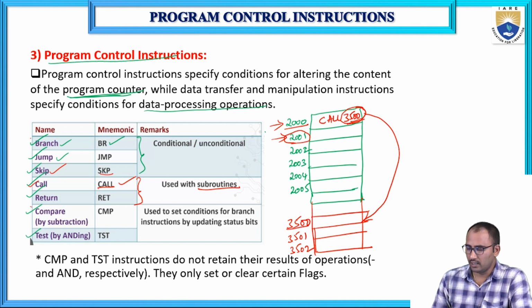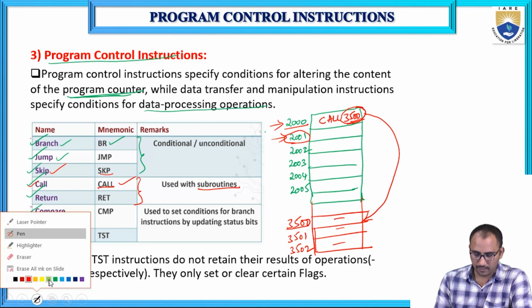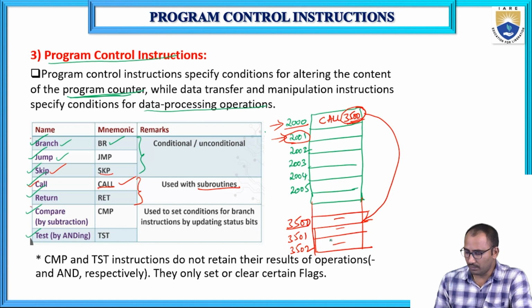Subroutine means a set of instructions that are to be executed frequently. We store them somewhere in the memory, and we call them from the main program whenever required. That is called a subroutine. So whenever the subroutine is called, it will go to the subroutine, and all the statements in that subroutine get executed. In the subroutine, the last instruction will be RET, which means return.